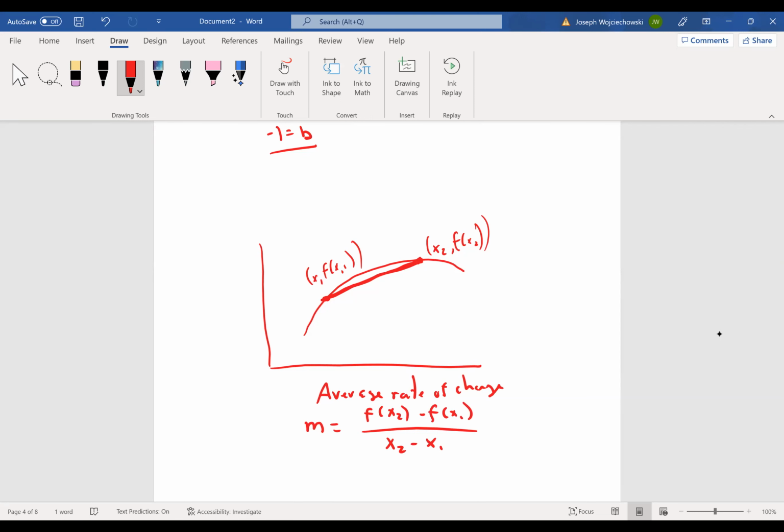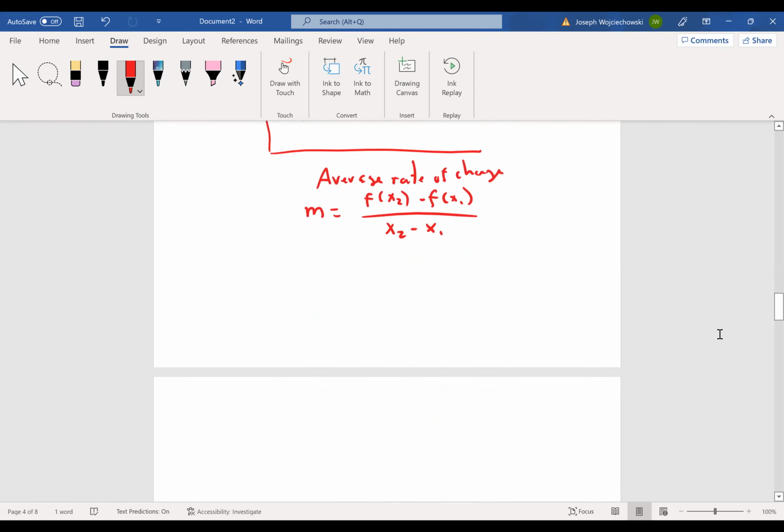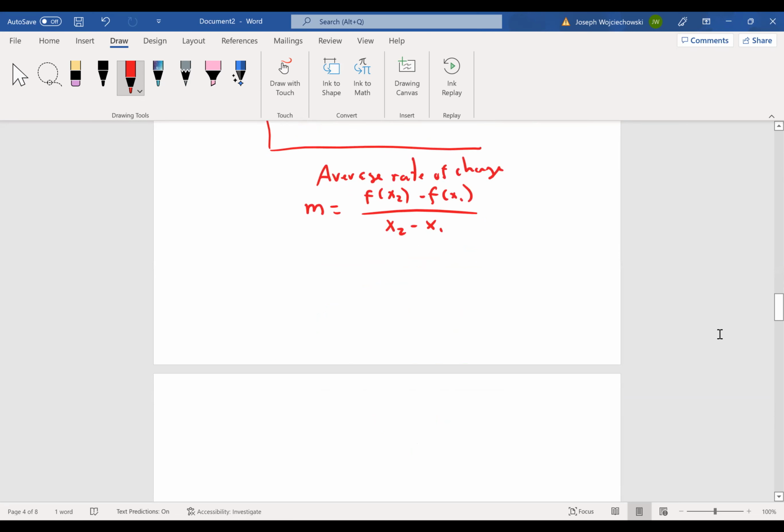So let's look at something here. We have f of x equals x cubed plus 2, and we want to know the average rate of change from x1, which is equal to -3, to x2, which is equal to 0.